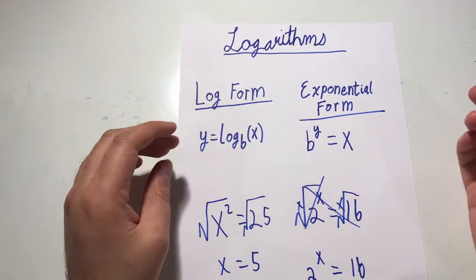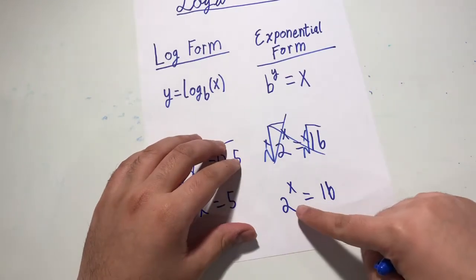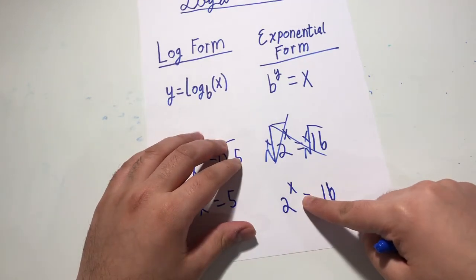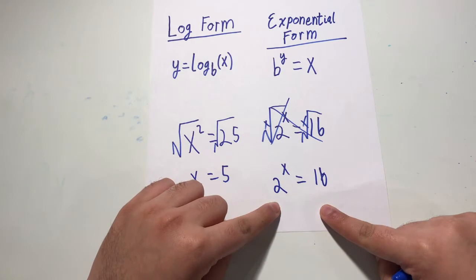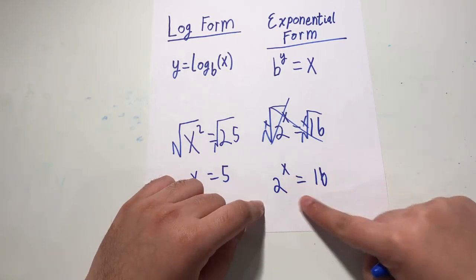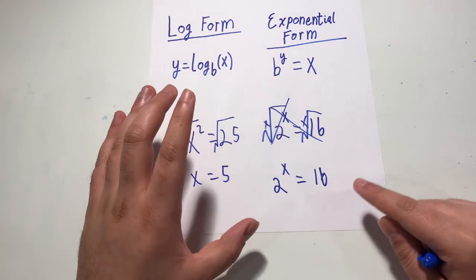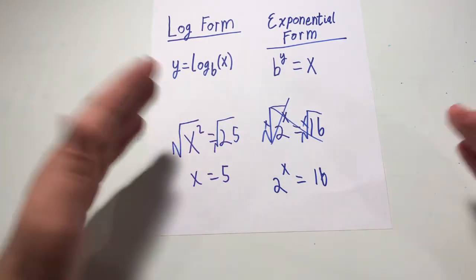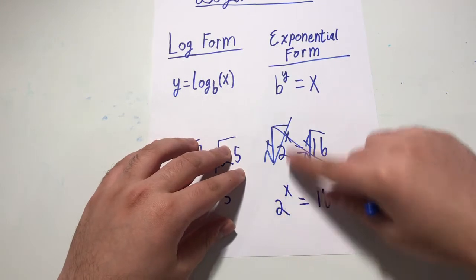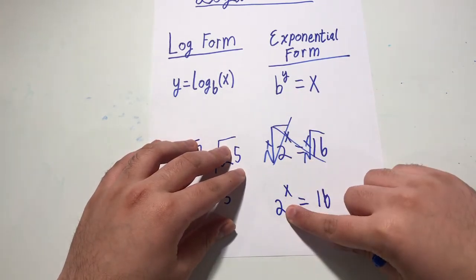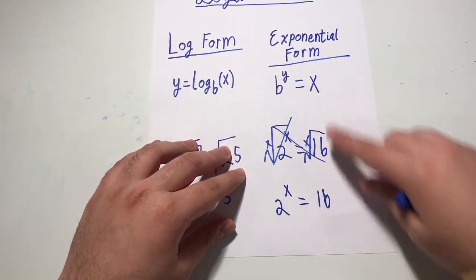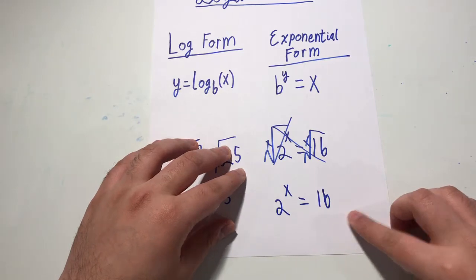The reason you'd want to do that is what I just stated, where you have an unknown exponent. So this is an exponential form: 2 to the x is equal to 16. Let's rewrite this so I get the exponent by itself. In this case, your b value would be 2, your y value here is x, and your x value here is 16. And you can convert that.